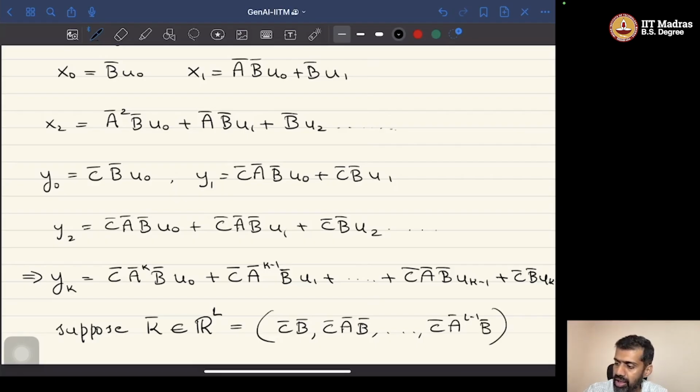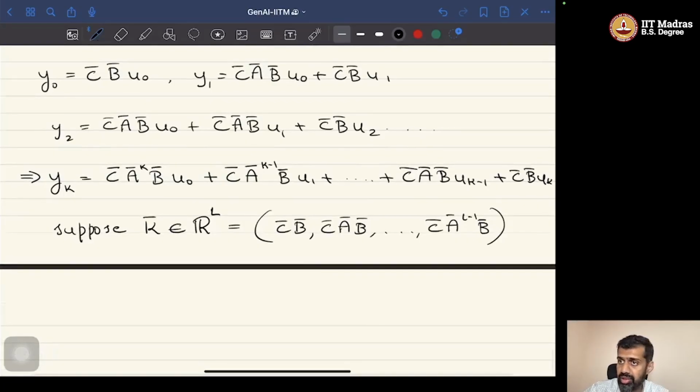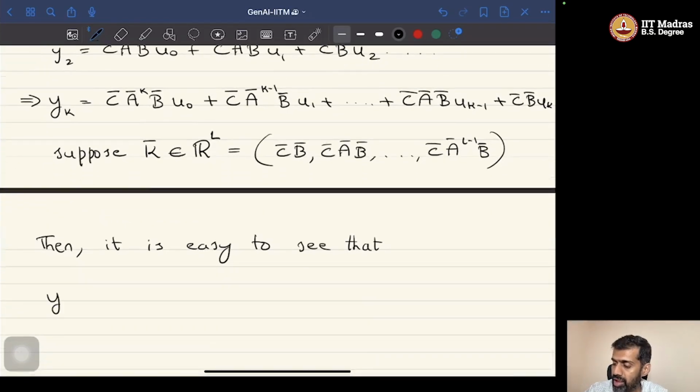If we define K bar to be this, then it is easy to see that yk, which is the kth element of the output, is simply given by K bar convolved with u, where u is the input signal, and star represents the convolution operation.